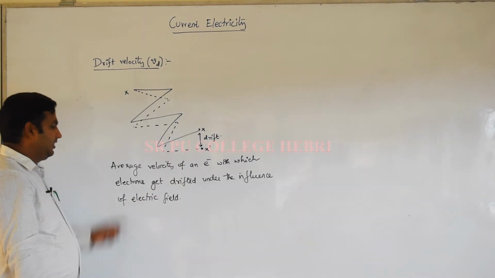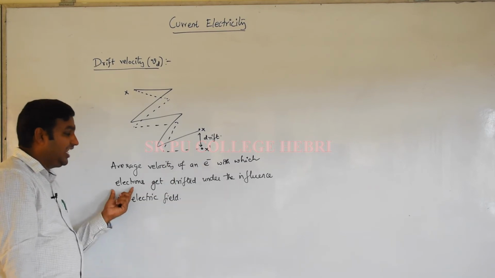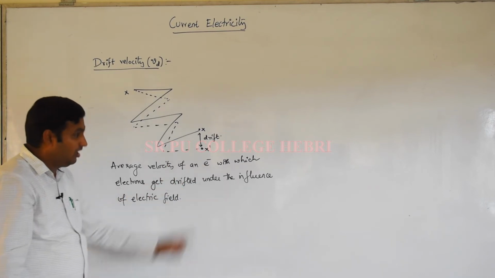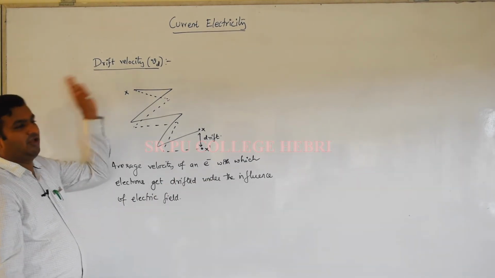Average velocity of an electron with which electrons get drifted under the influence of electric field is called drift velocity.